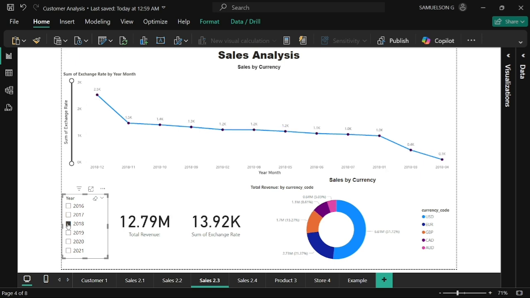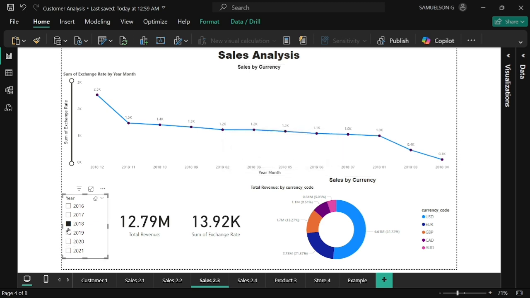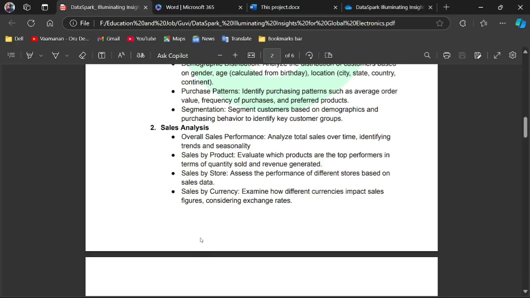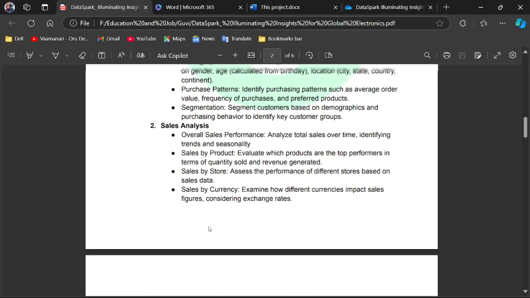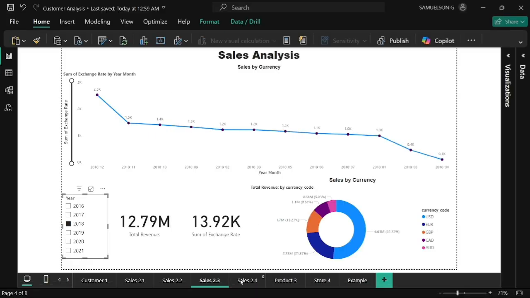Okay, let's see the next one. It's time intelligence. It's the total sales in this year and the previous year. This year means year over year, previous year means, okay.